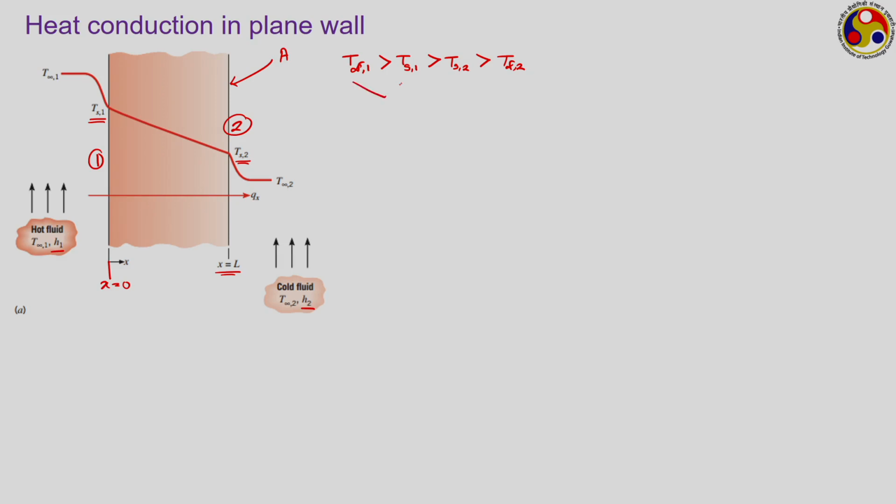From this to this, the mode of heat transmission is convection, characterized by heat transfer coefficient H1. Similarly, from this to this, it is again convection, characterized by heat transfer coefficient H2. However, our first interest is Ts1 to Ts2, which is done by conduction.